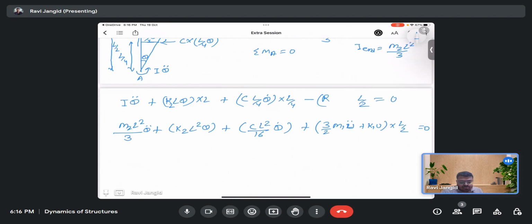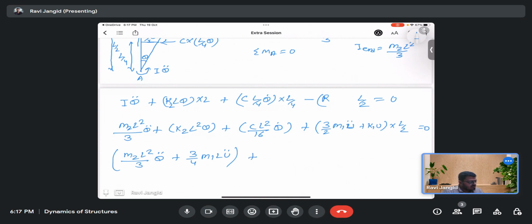So if we do that, it would be m2 l square by 3 theta double dot plus 3 by 4 m1 l into u double dot. One term is that.